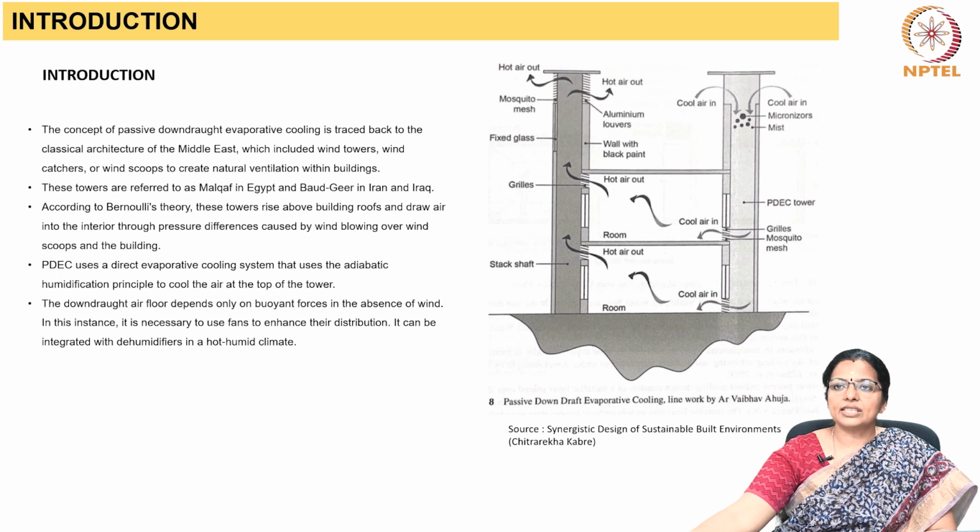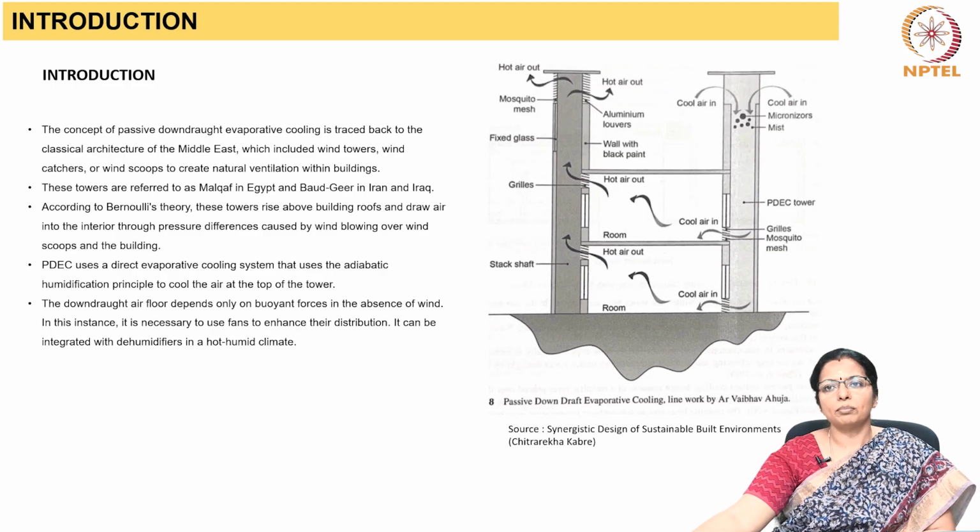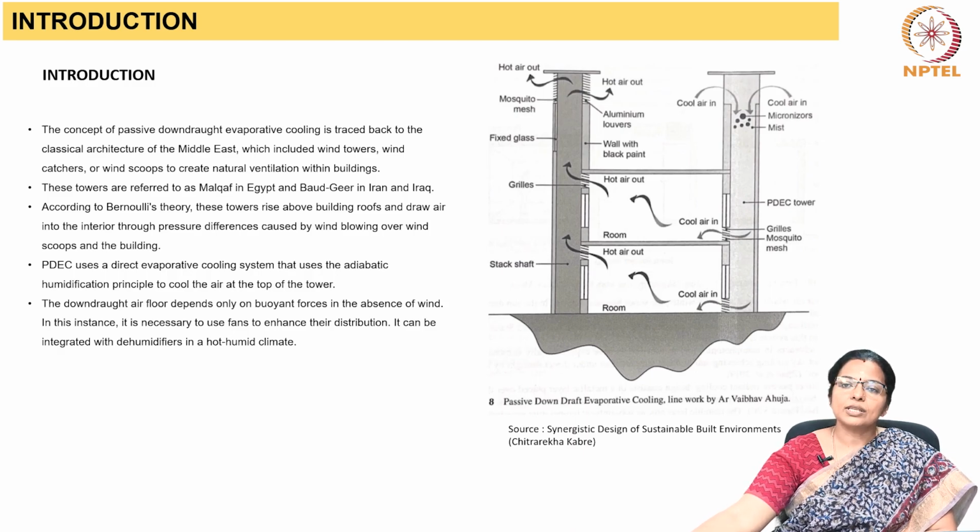According to Bernoulli's theory, these towers rise above building roofs and draw air into the interior through pressure differences caused by wind blowing over wind scoops and the building. PDEC uses a direct evaporative cooling system that uses the adiabatic humidification principle to cool the air at the top of the tower.